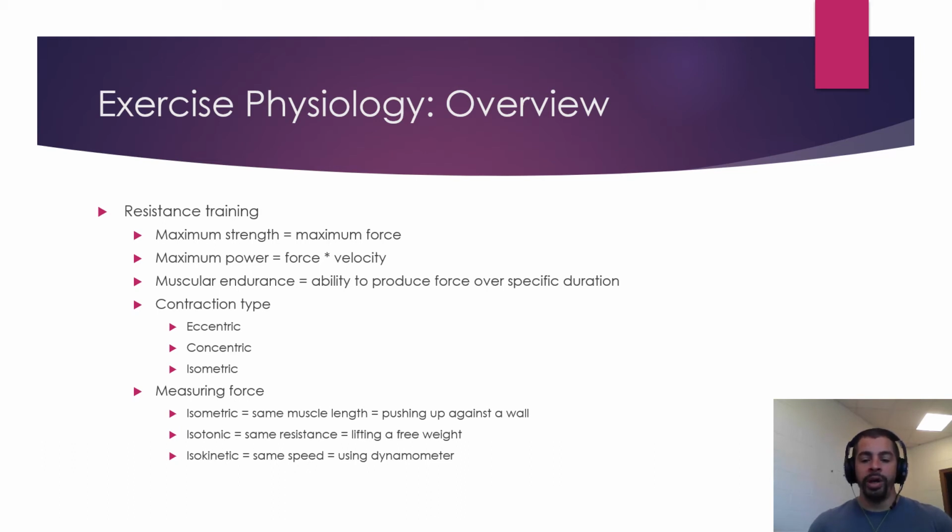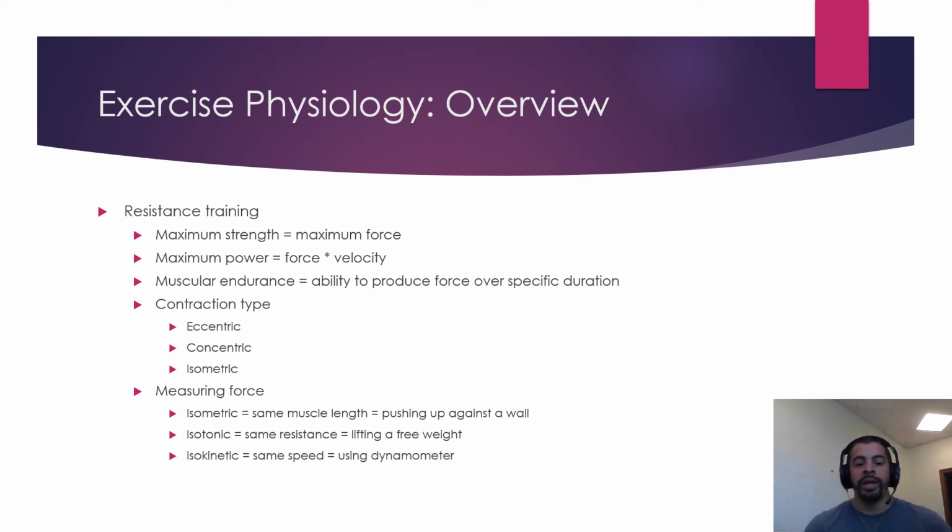An example would be pushing up against a wall at maximal force, because the wall's not going to move. Our muscles aren't lengthening or shortening. They're staying the same. That's isometric force, but we could still measure it if we had some type of force plate on the wall.